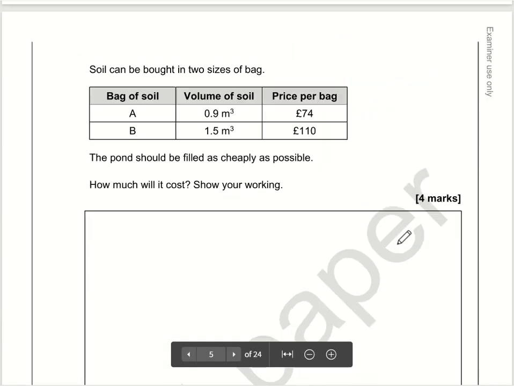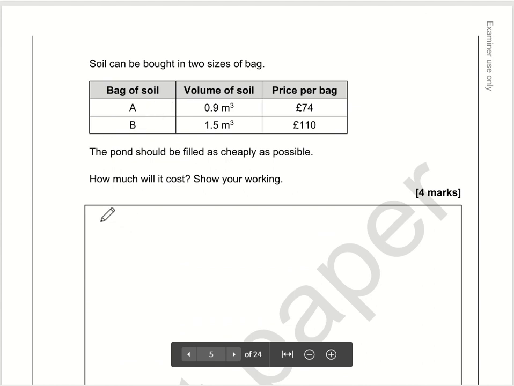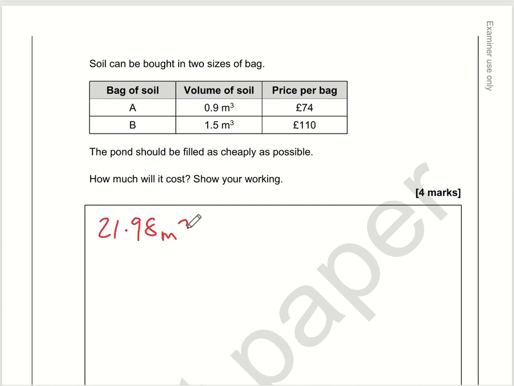Okay, so let's just make a note of that. So that was 21.98 cubic meters. We can see that we're going to have to fill it with bags of soil. This is better value for money. So how many 1.5s go into 21.98? 21.98 divided by 1.5 is 14 bags.